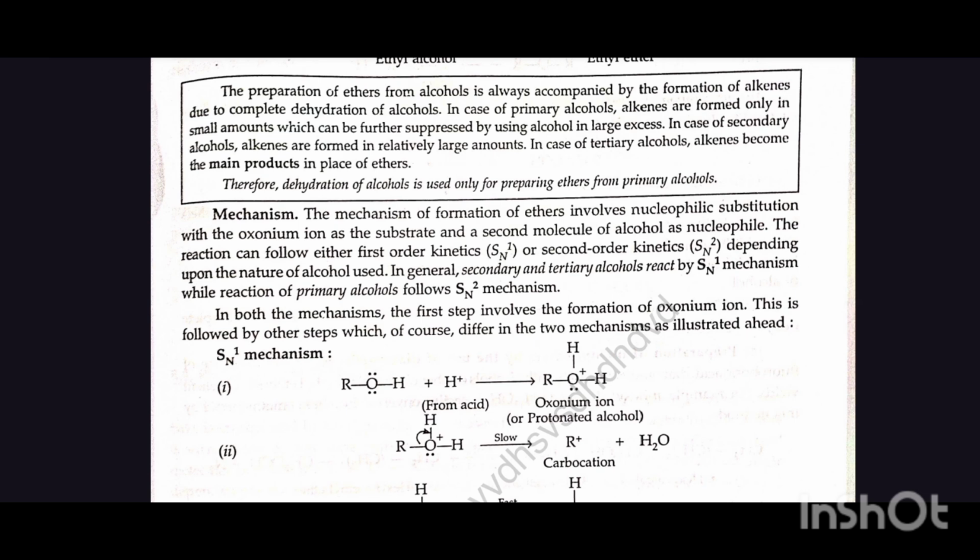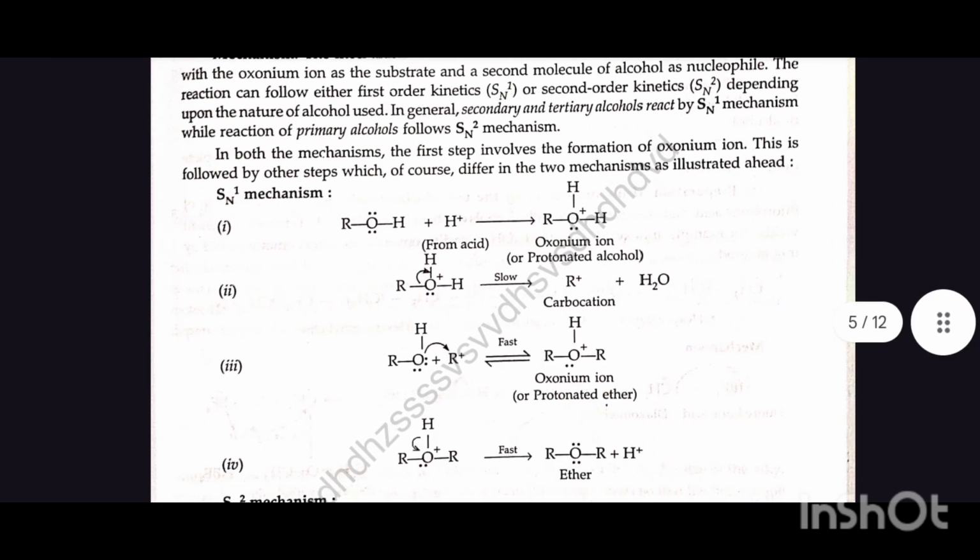In general, secondary and tertiary alcohols react by SN1 mechanism, while reaction of primary alcohol follows SN2 mechanism. In both the mechanisms, the first step involves the formation of oxonium ion. This is followed by other steps which of course differ in the two mechanisms, as is illustrated ahead.